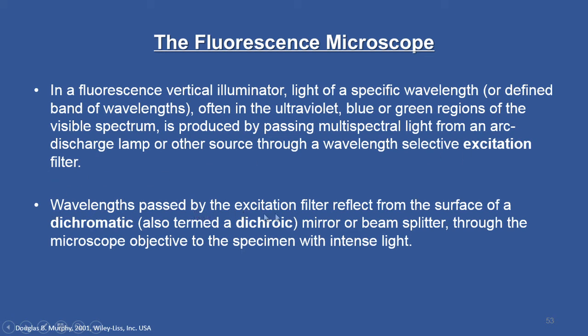Wavelengths passed by the excitation filter reflect from the surface of the dichromatic mirror, also termed dichroic mirror or beam splitter, through the microscope objective to the specimen with the intense light.